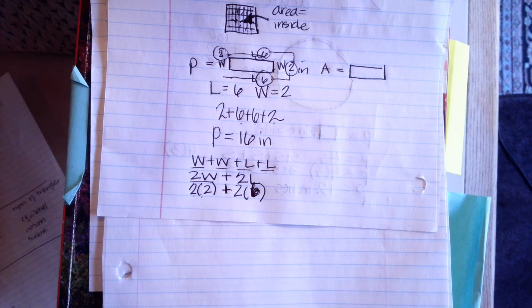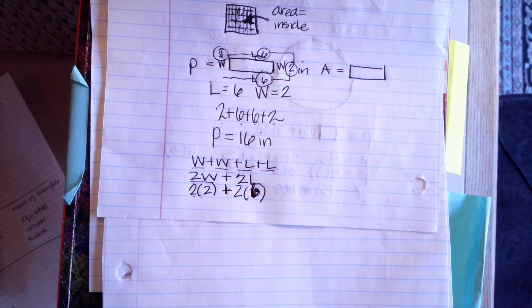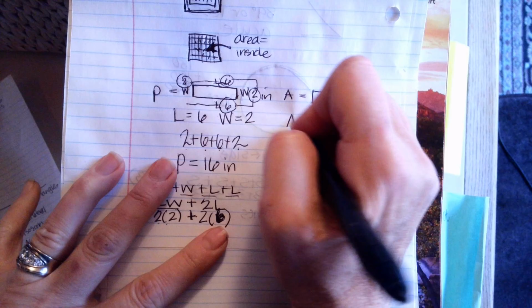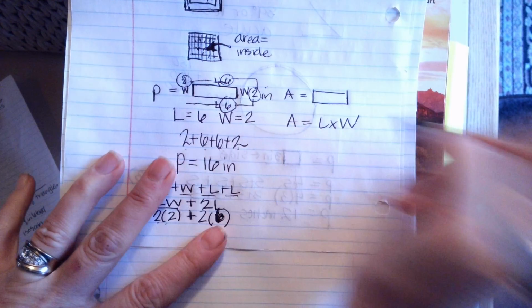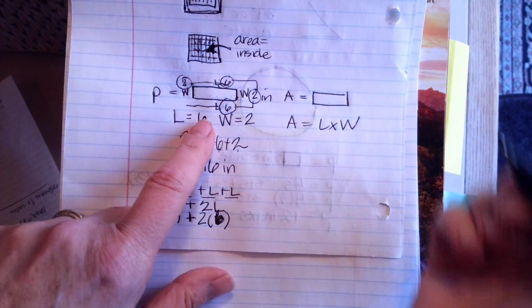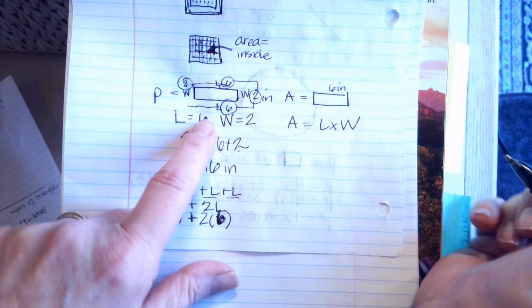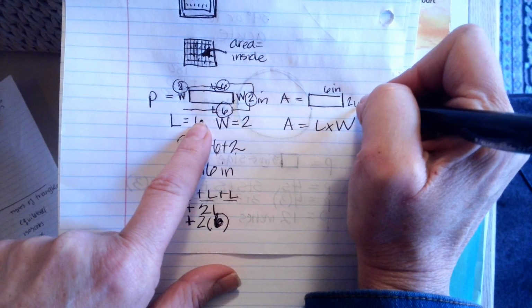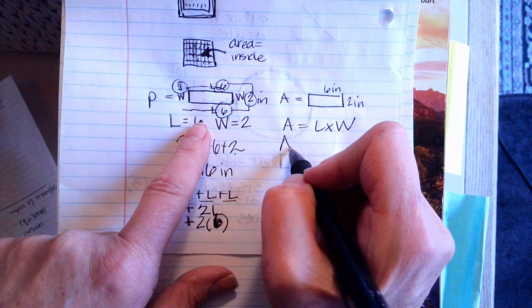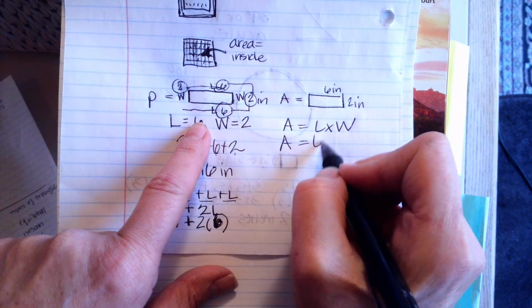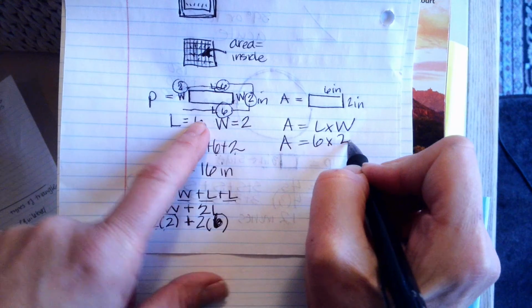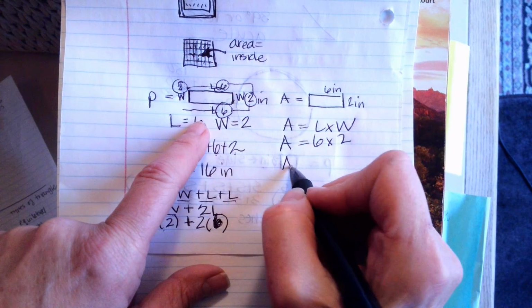Yeah, that's perfectly fine. Okay, our last thing is area. So area, Mom is right. It is length times width. And then what we do is we take our length, which we know is 6 inches, and we take our width, which is 2 inches, and then we just do area equals length times width. Area equals 12.